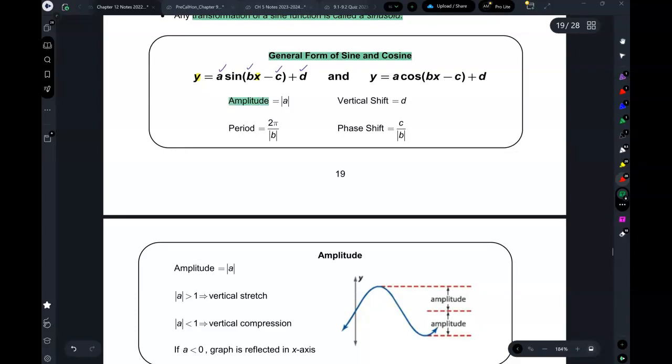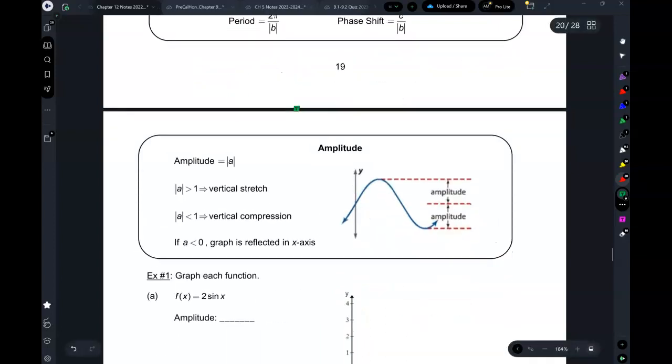Amplitude, right? The distance between the axis to the max or the min. Amplitude is the absolute value of a. So amplitude is a distance. You can never have a distance of -3, can you? You can also never have an amplitude of -3. It's 3. Okay, so let's talk about amplitude.